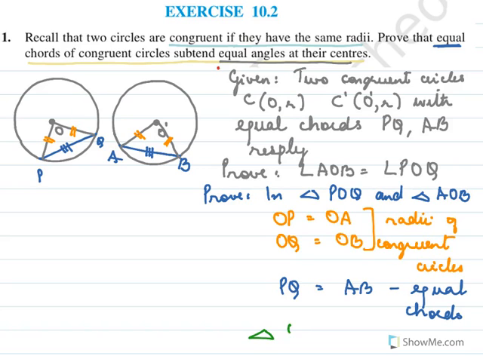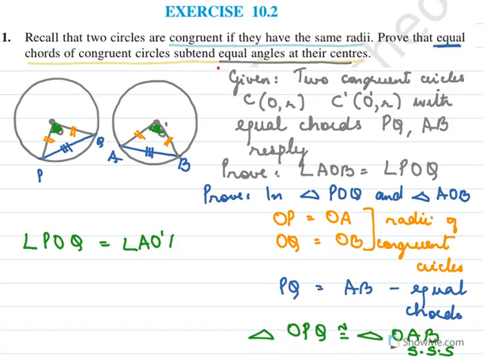The two triangles, that is OPQ, will be congruent to triangle OAB by SSS test. Therefore, angle POQ will be equal to angle AOB by CPCT. So we have proved.